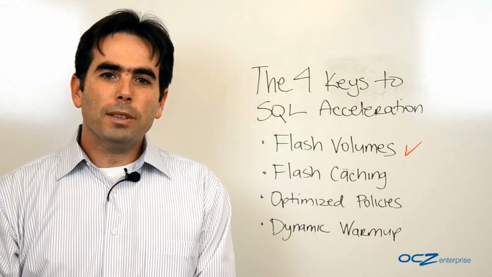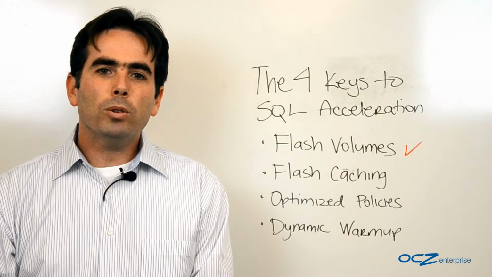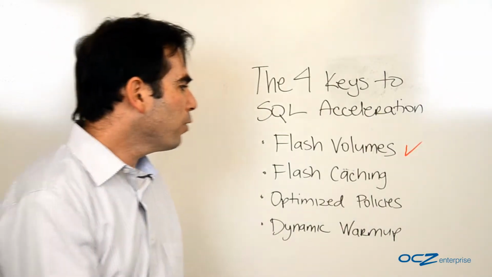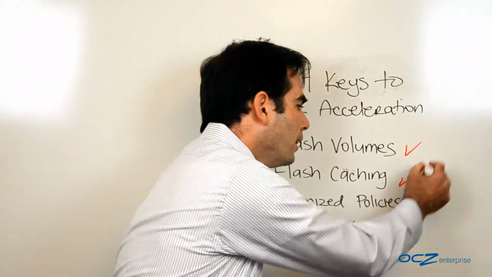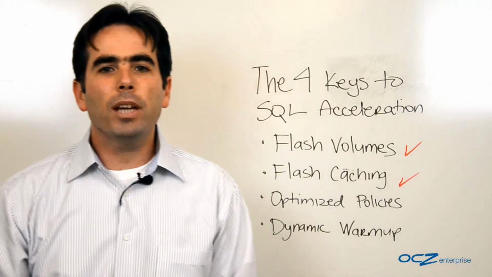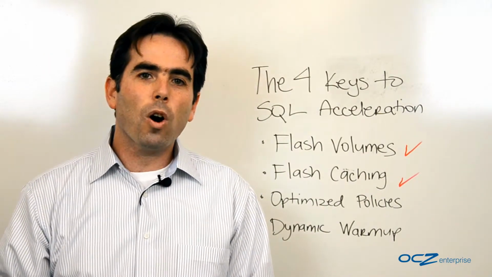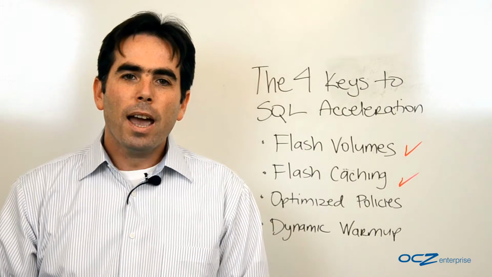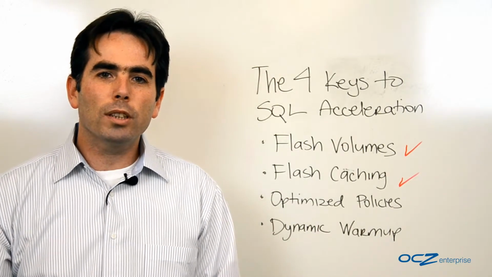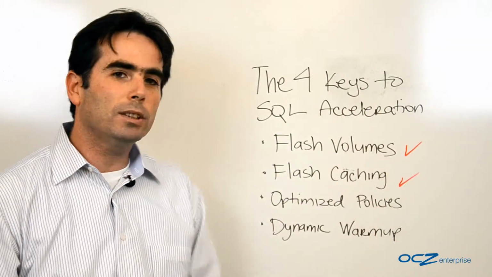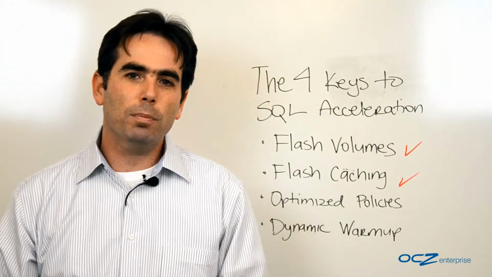For those types of databases, the most efficient way to utilize flash is with flash caching, taking the right data and making sure that only that hot data is resident on the flash card. And you really want to make sure that you have a card that is able to support the two of these together in an efficient manner.